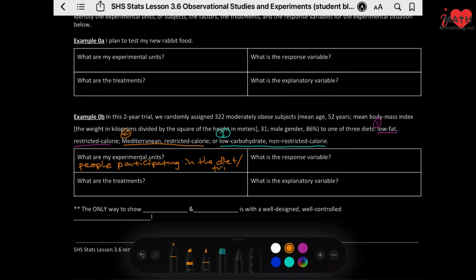If you guys didn't know, you can actually get paid to be an experimental unit. What is the response variable? How do people respond? Well, we're just going to figure out if they lose weight.